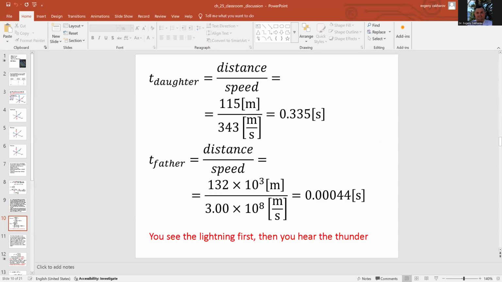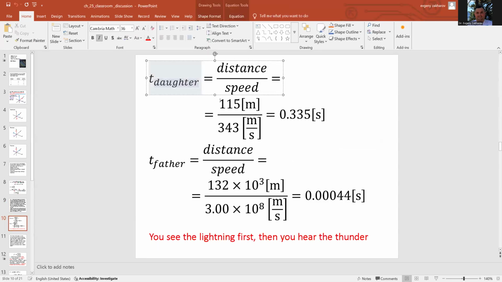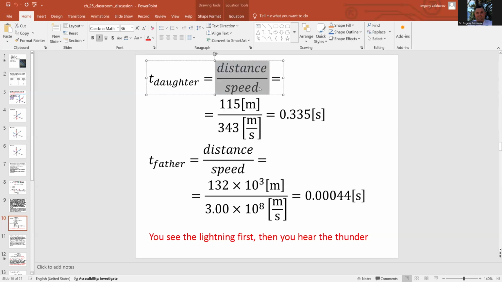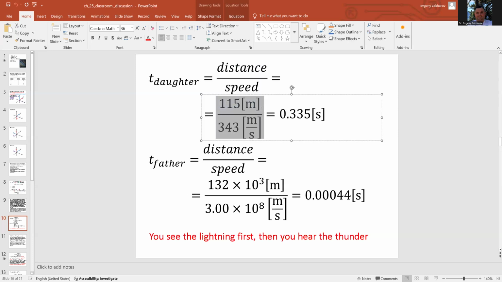So let's calculate the time for the daughter to hear the sound 100 meters away. Divide by the speed of sound. You can see that it's the distance divided by speed. So distance is this much. Speed is the speed of sound. And it takes about 0.3 of a second, which is pretty fast.